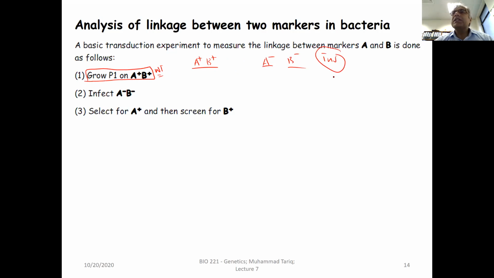You know the phenotypes, but you don't know the physical distance between A minus, B minus.